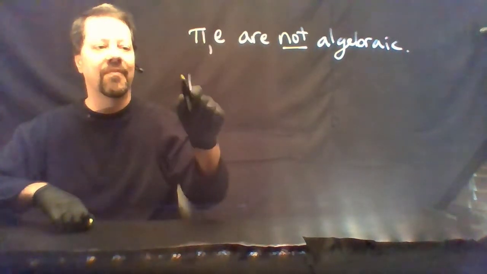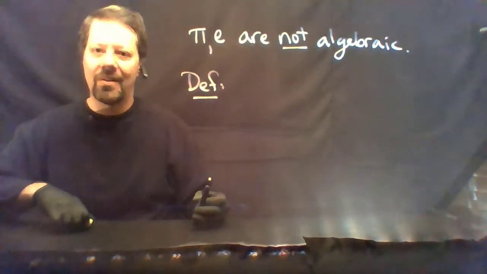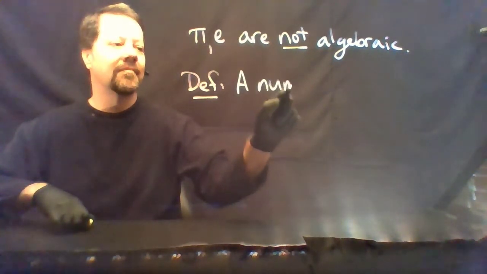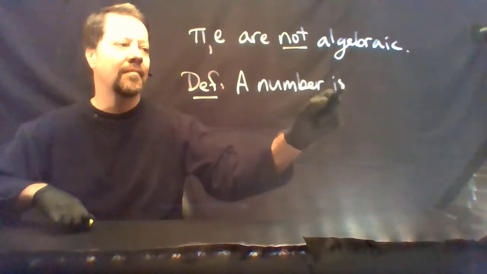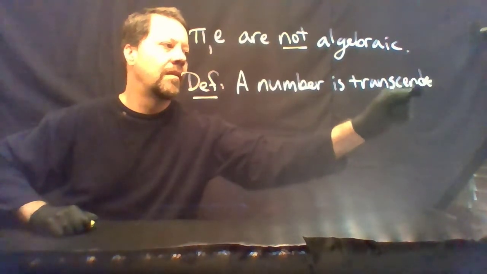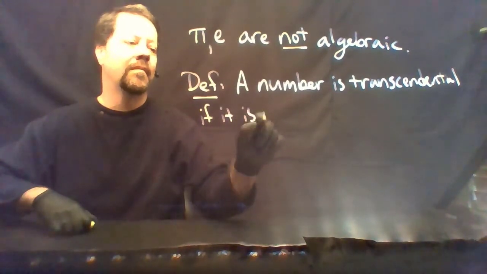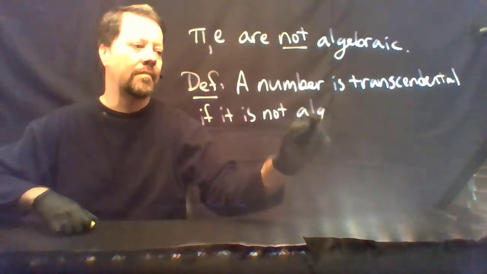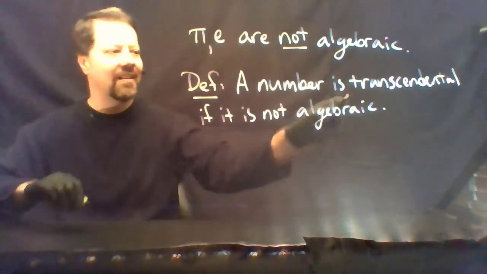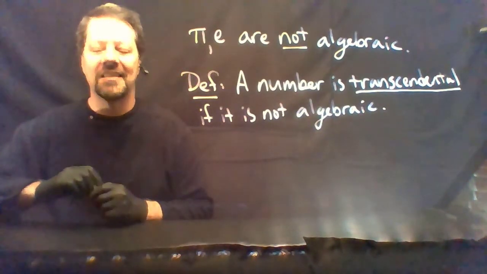Any number that is not algebraic is called transcendental. So pi and e are transcendental numbers.